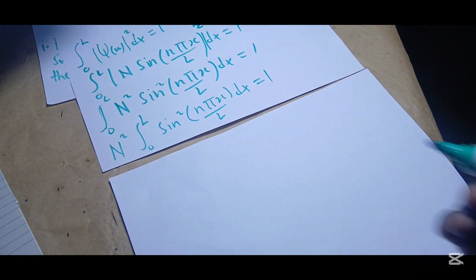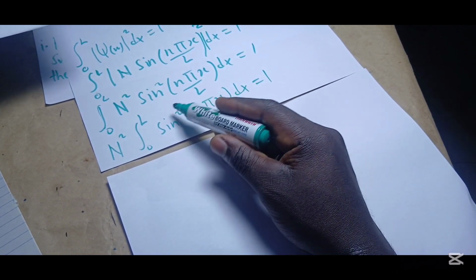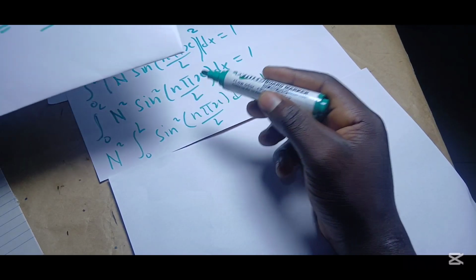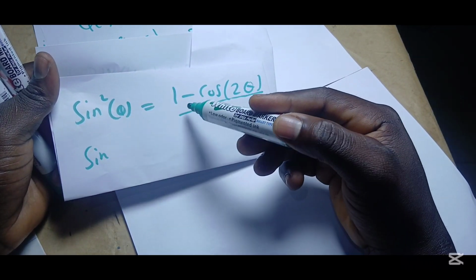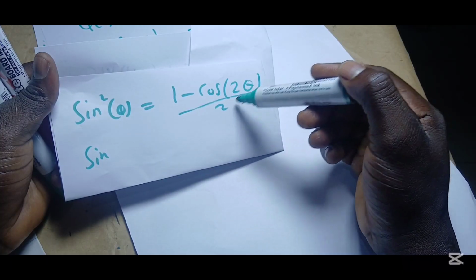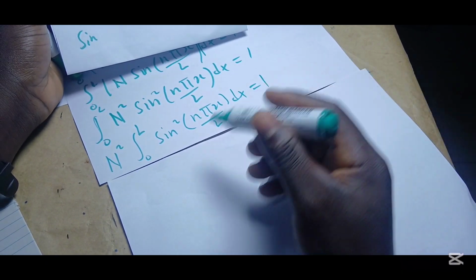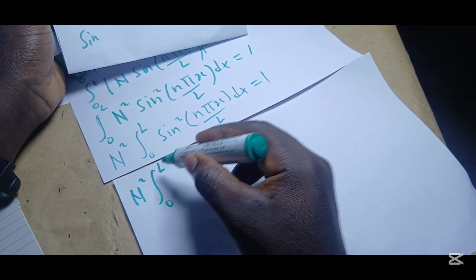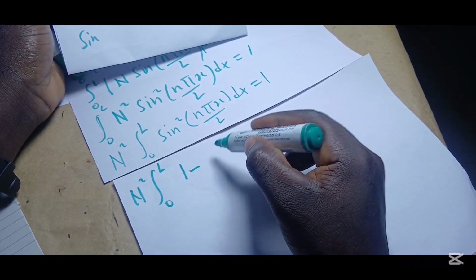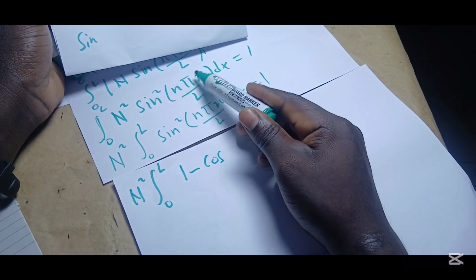We are going to use the trig identity, the reduced angle formula, to simplify this expression. If we have sine squared theta, it should be equal to 1 minus cos 2 theta over 2. So in this case, we can rewrite this as n squared integral from 0 to L of 1 minus cos 2 theta, all this is theta, right?